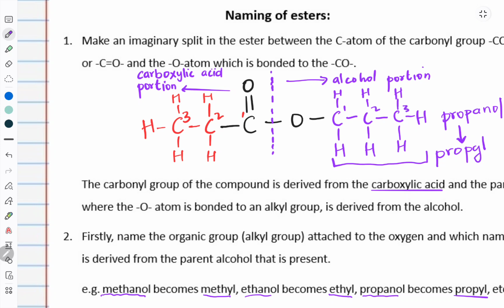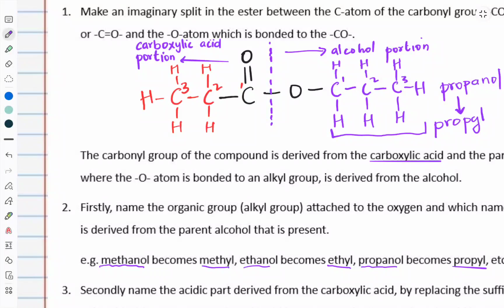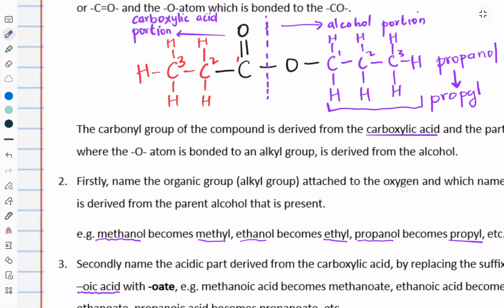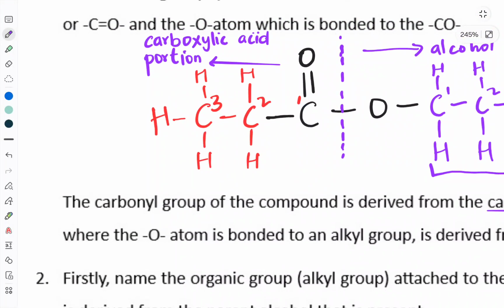So both sides have 3 carbon atoms. They won't always have 3 carbon atoms. This is just for example purposes. It's not to say that they will always have 3 on either side.